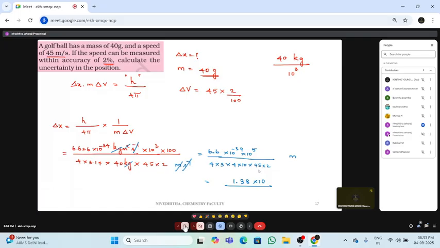Check the power of 10. Yes, Rakshan, come again. 10 to the power minus 29. No. Minus 26.